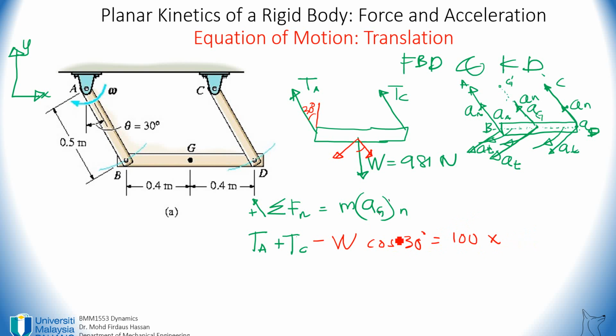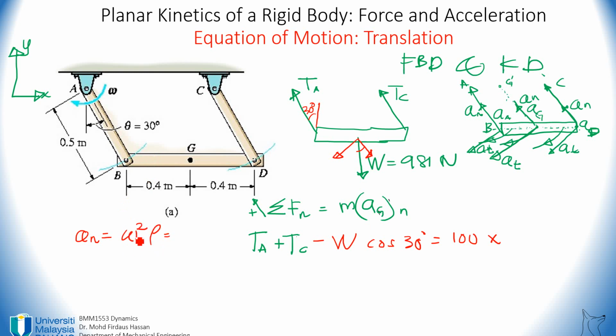If you learned in previous particle topics, just to refresh our knowledge, AN is given by omega squared rho.